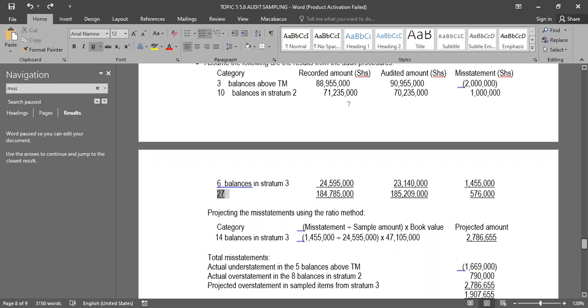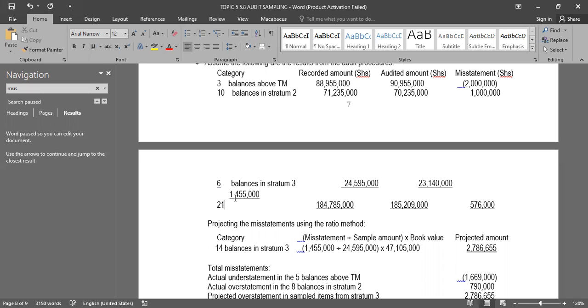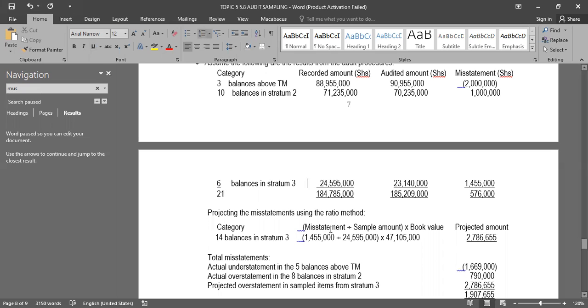Sorry. Let's see. This is 3, 9, 19. That would be 21. Okay, so the 21. Now, and that was the balance.